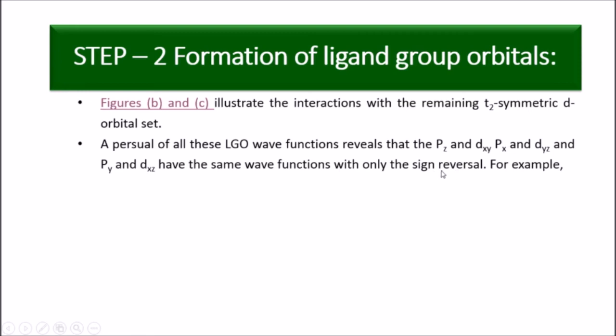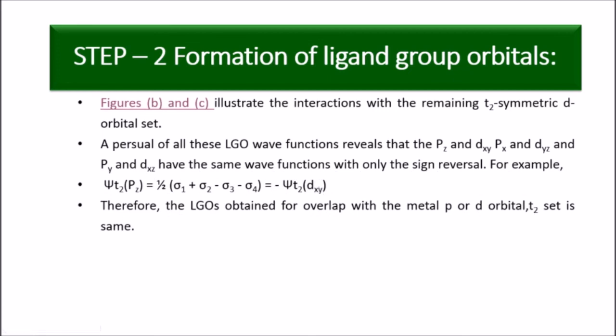Sign reversal, as I already said, is not mathematics, so it is not a factor, but they have a similar kind of wave function arrangement. You can see here T2 pz, that is plus plus minus minus interaction, and when you put a minus sign to T2 dxy, then both are the same. That means these two are minus in T2 dxy, and these two are plus in T2 dxy symmetry. Therefore, the LGOs obtained for the overlap with the metal p and d orbitals of the T2 set are quite similar.